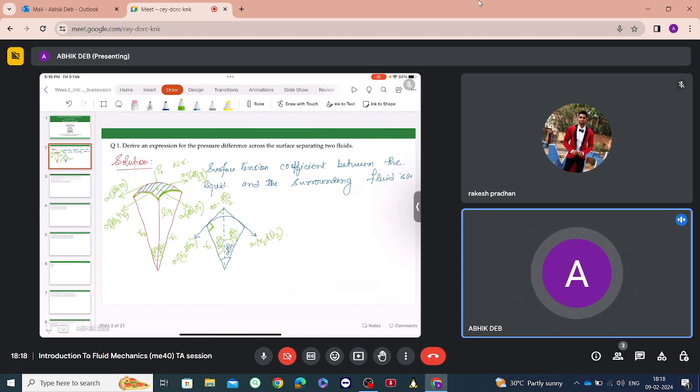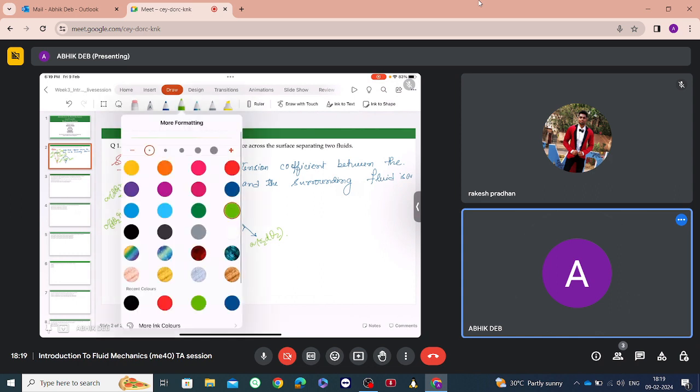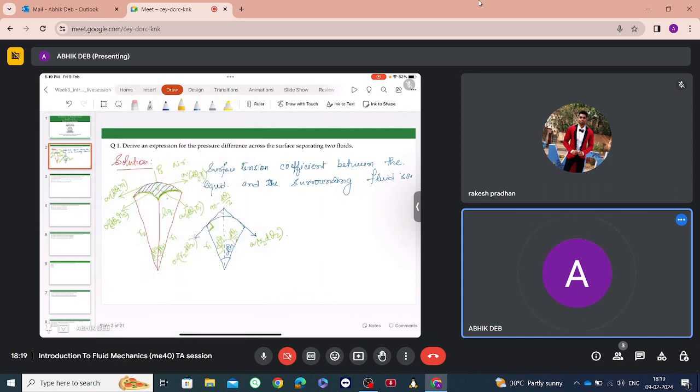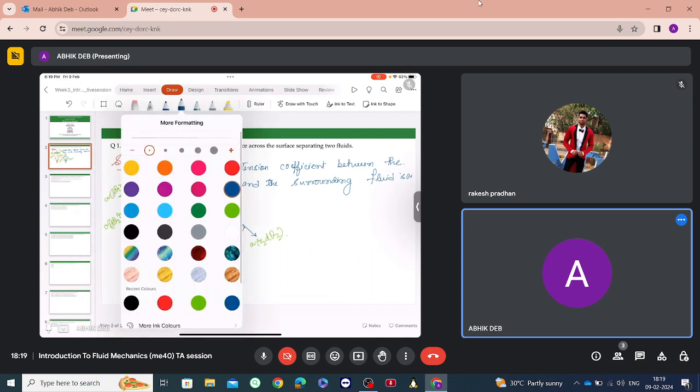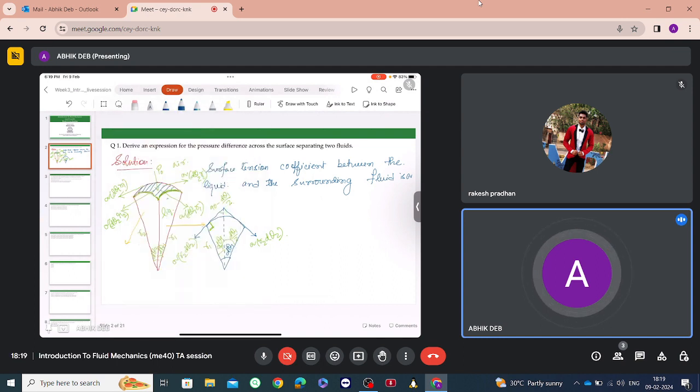Similarly, we were drawing this side as here. Okay, wait. So this surface we have drawn here, and if we draw this surface now, what will we get? It will also be similar.